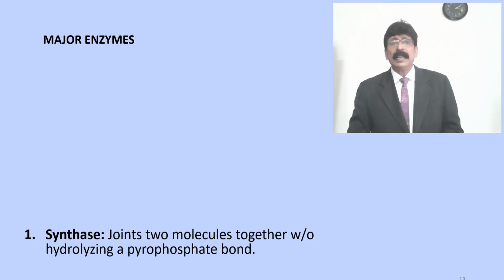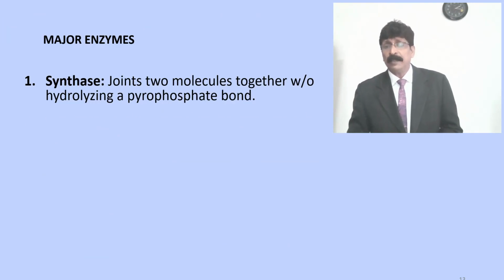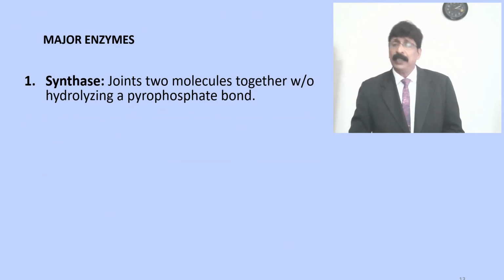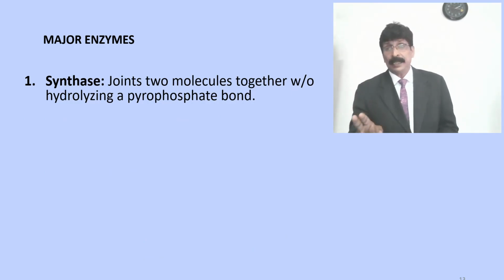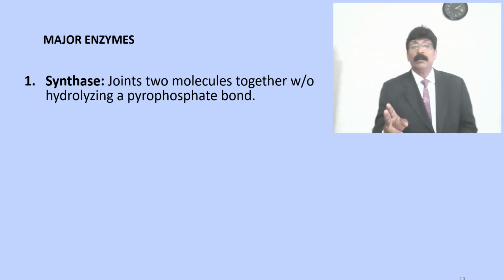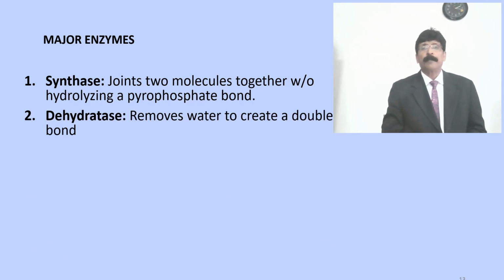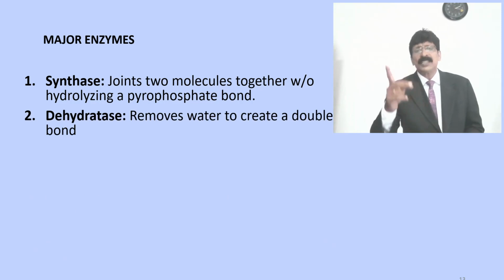The major enzymes we are going to deal with: usually in a biosynthetic pathway there are many enzymes, but these are the major ones. Synthetase joins two molecules together without hydrolyzing a phosphate bond. Dehydratase removes water to create a double bond.